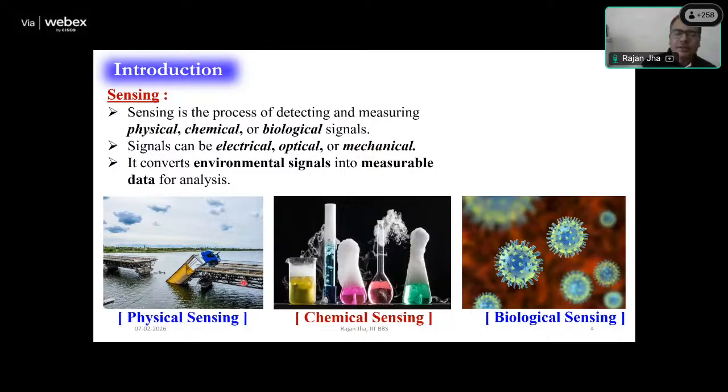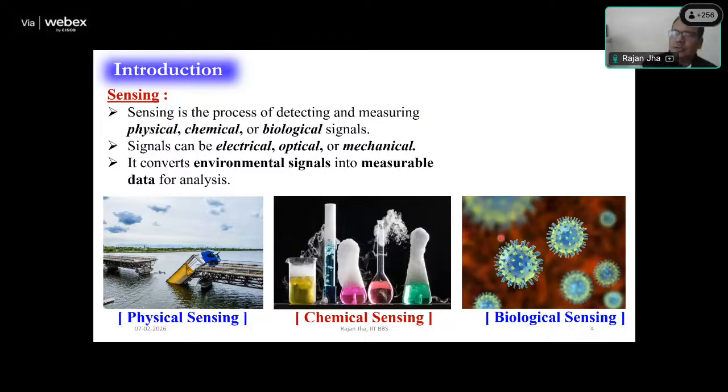Chemical sensing is something a lot of us do in the lab, where you do a lot of experiments and try to monitor different types of organic or inorganic substances, depending upon what you are interested in. This diagram of biological sensing must be known to all of you. It is a scary diagram from 2019-20, because it shows the spikes of the coronavirus which infected the whole world.